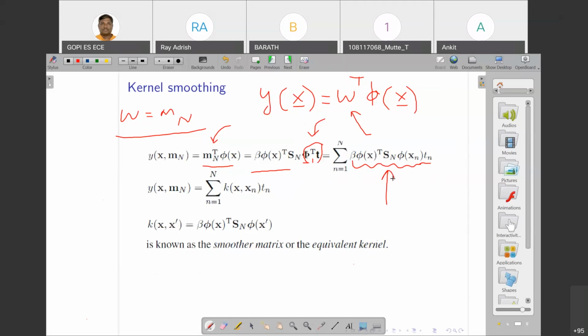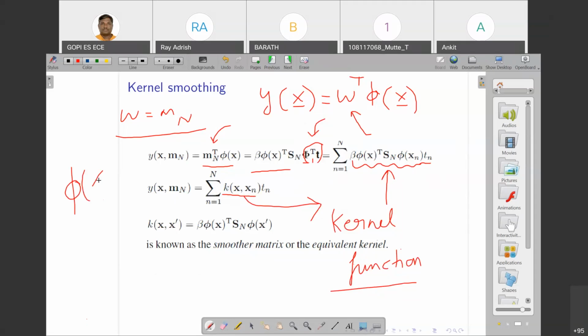You are going to replace this one with what is called the kernel function. This is the kernel function. So in the original expression, we had what is called the basis function.